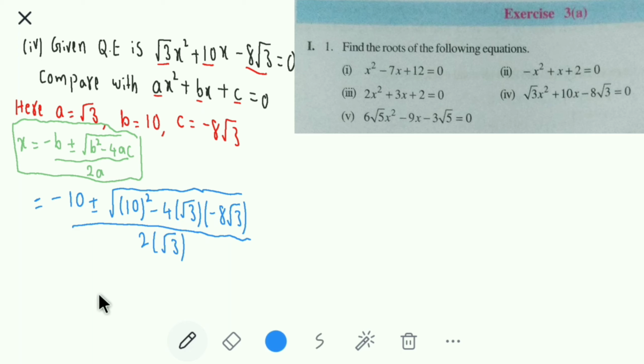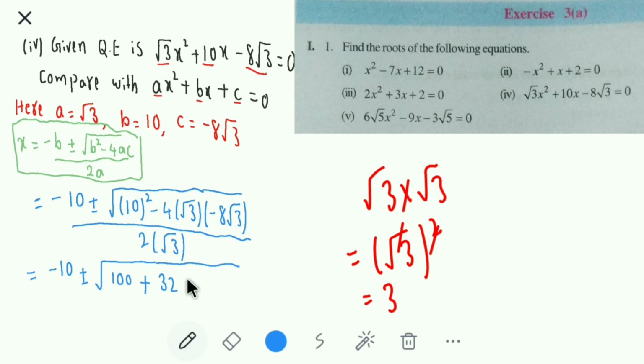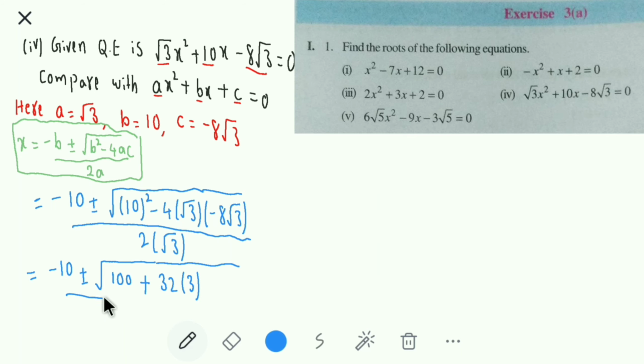So now simplify it. Minus 10 plus or minus under root of 10 square is 100 minus, this minus and this minus, minus is plus, 4 8s are 32, root 3 whole square root cancel, that is 3, divided by 2 root 3.